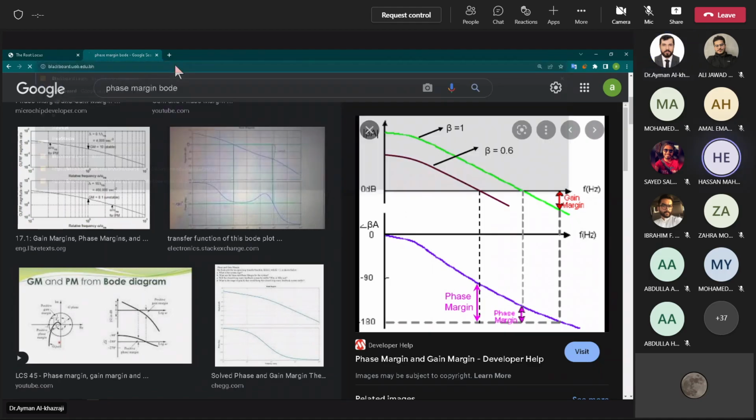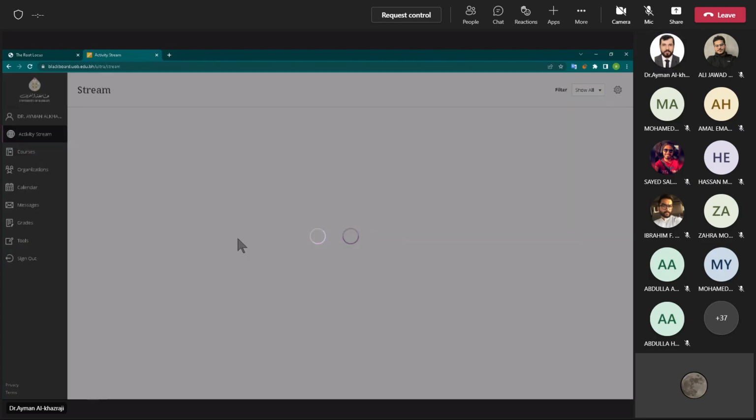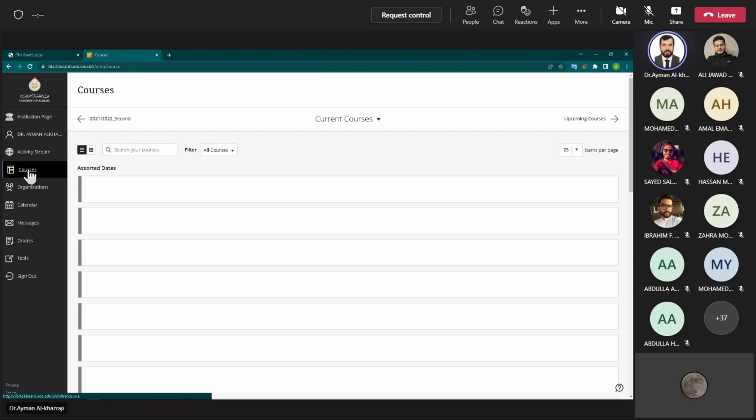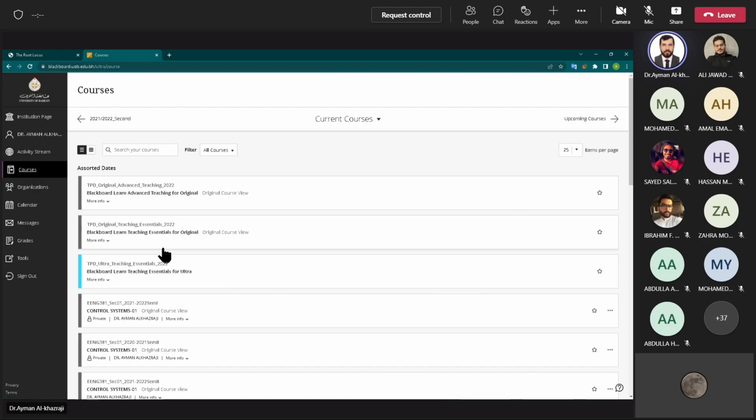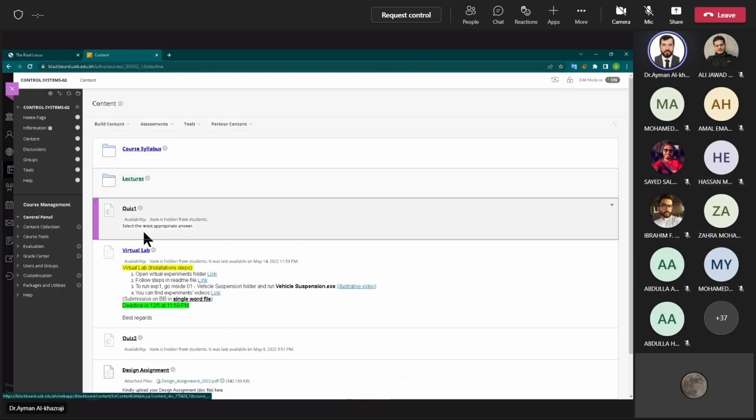Huh? PID. No, we already said design and realization. I just want to see what we have of the topics. We have the block diagrams. Block diagram, yes. Block diagram reduction.